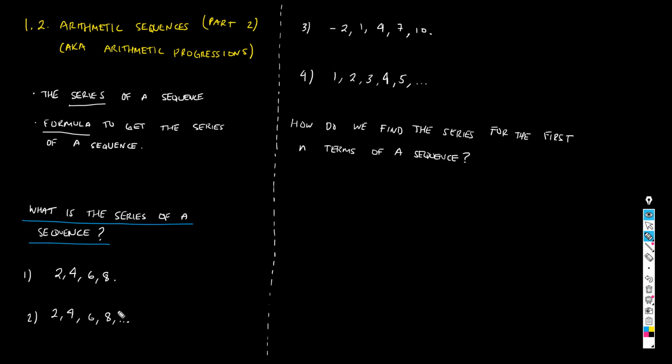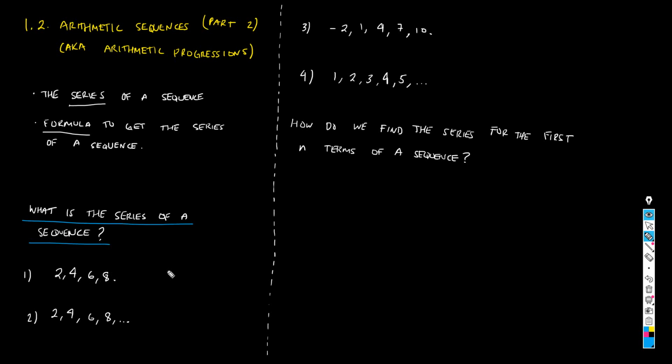I have 4 examples here for you. So let's look at this sequence. This is a finite sequence because it ends. It has a finite number of terms. And the series of this sequence is the following.